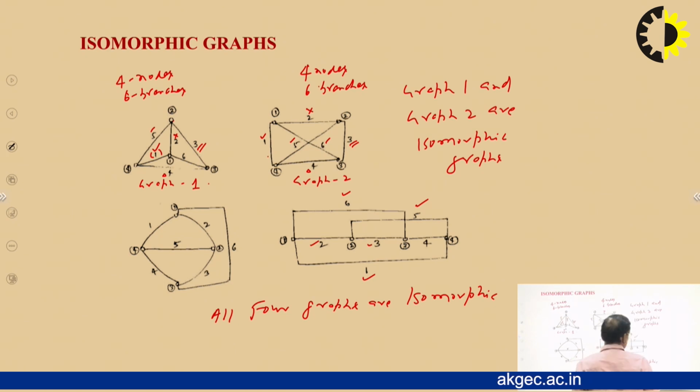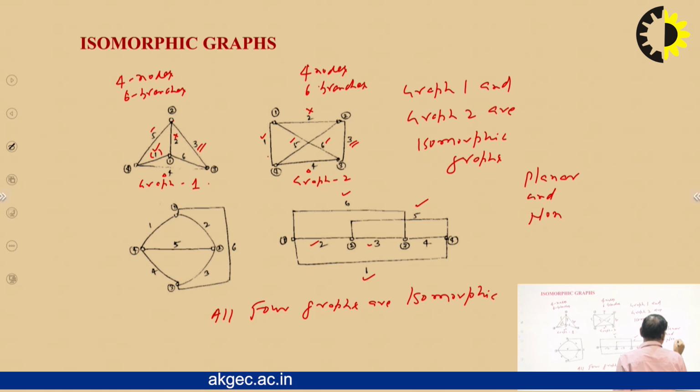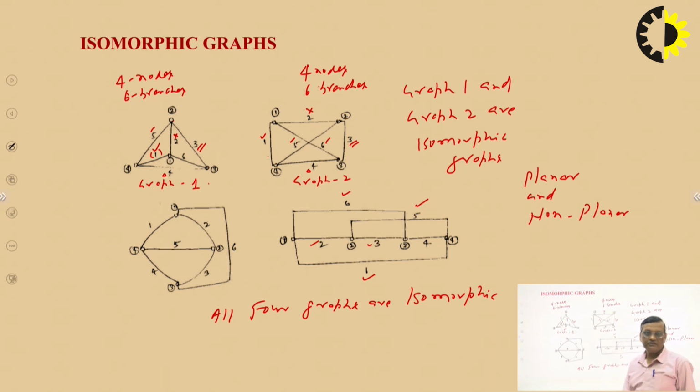Now there is another topic, planar and non-planar graphs. A graph is said to be planar if we can draw it on a sheet of paper such that no two branches cross each other. So can anybody tell whether in graph 2 the branches 5 and 6 are crossing each other?